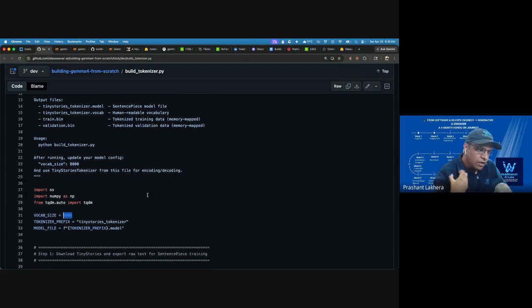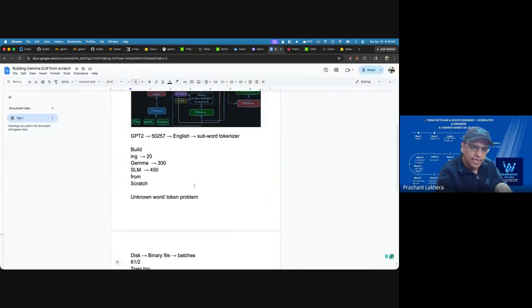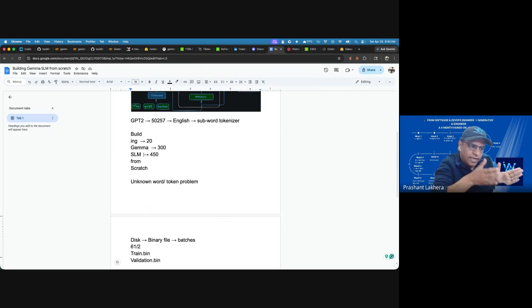Now the question is, what will happen if a word is not present in these 8,000 words? That is the main idea behind this subword tokenizer: it is going to break the word into sub-tokens. In the end, if it's still not able to figure it out, it will say something called an unknown word. That is the risk that I'm taking, because in the GPT-2 tokenizer you are not going to see those.